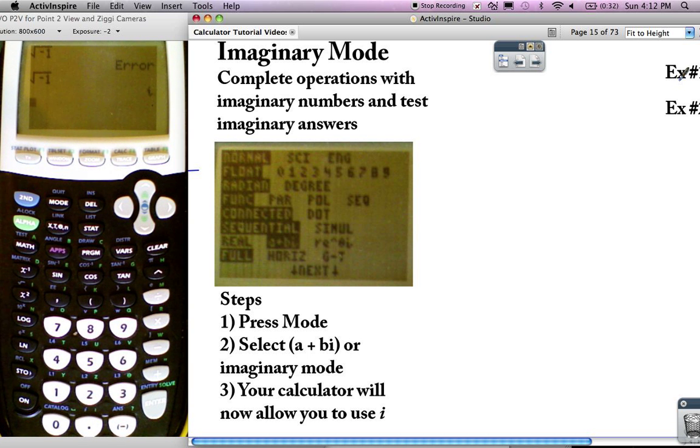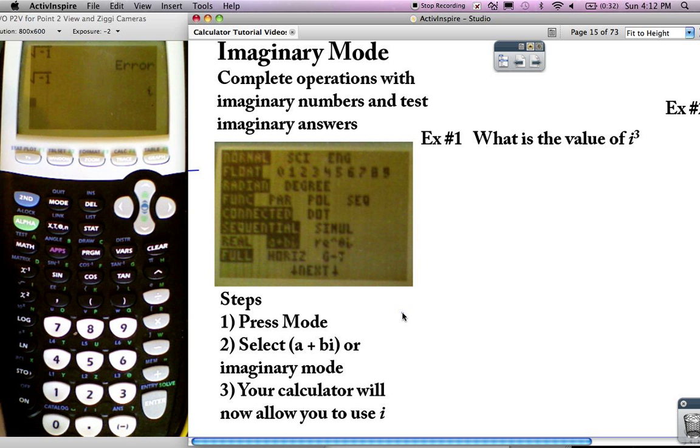So let's look. It will do some minor calculations for you. So what is the value of i to the third?